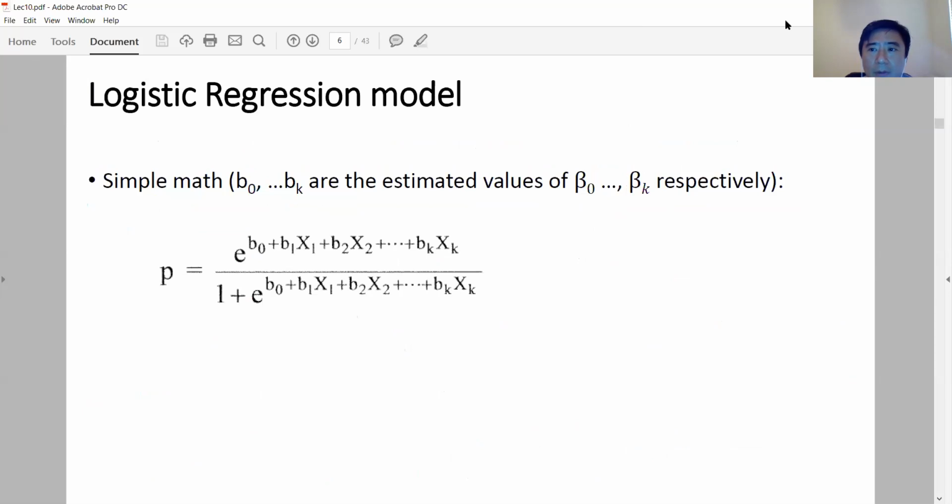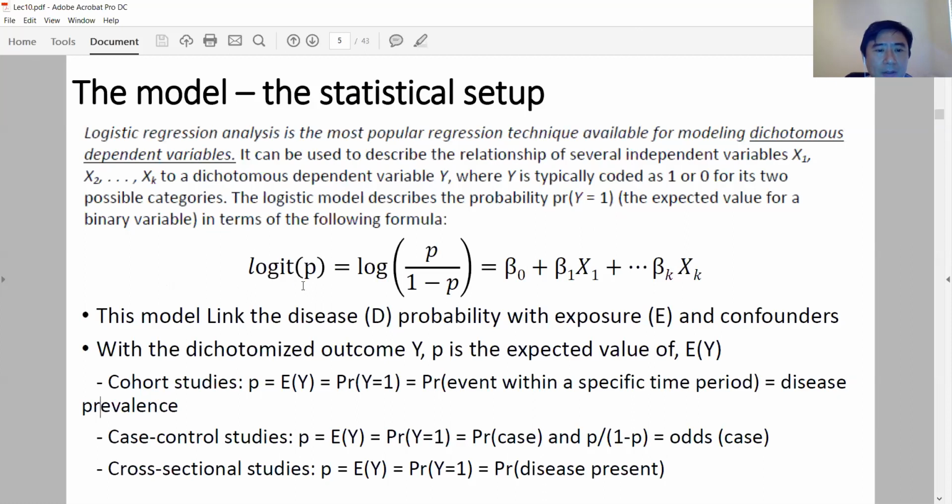All right, and then after you do a simple math, you can see this p, what we call the risk of disease, is actually a function of the estimated parameters in the logistic regression model and the values of these random variables from x1 to xk. And here we call it a logit function, which is the log of the odds.